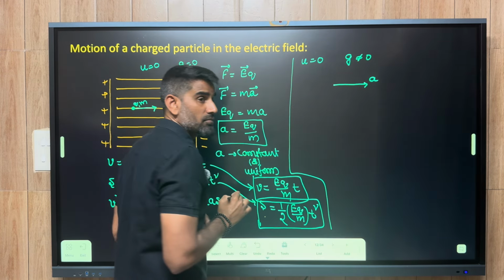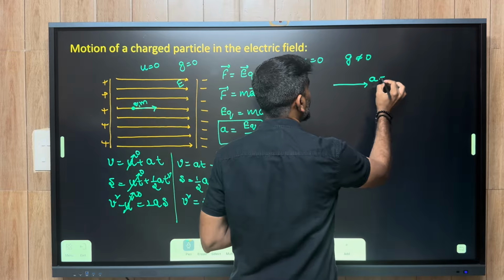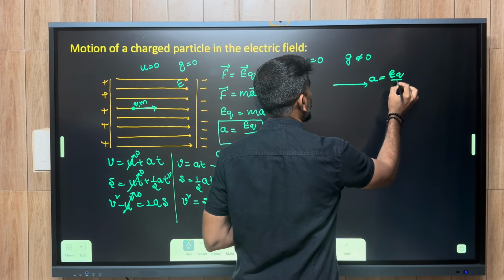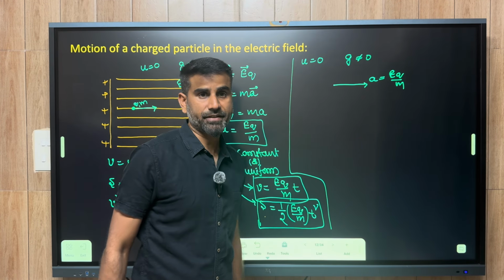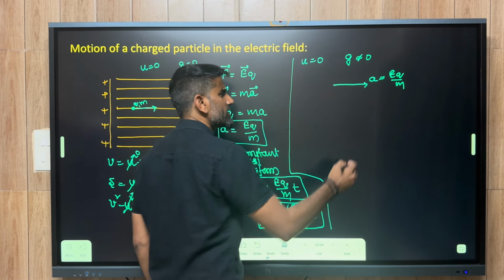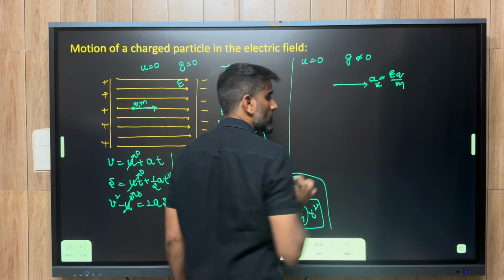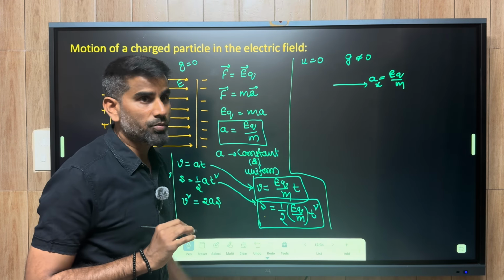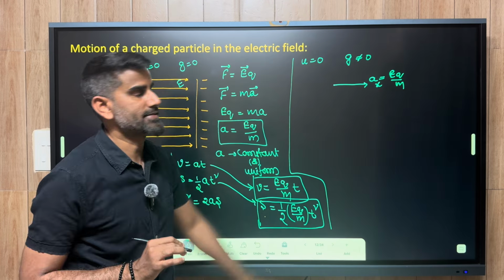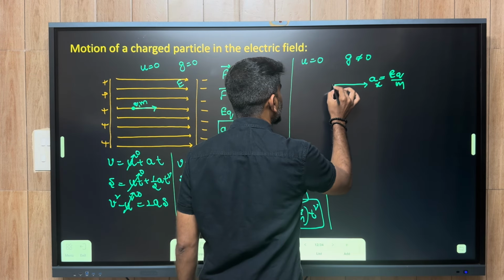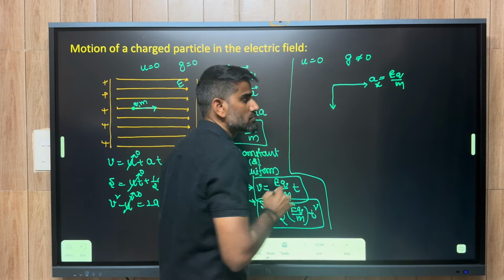Okay, so as you can see, the acceleration a is equal to eq by m, which is to the right. I can consider this acceleration as the x component, because it is pointed along the horizontal direction, along the x-axis. Now I have the gravity, which is acting in the downward direction.